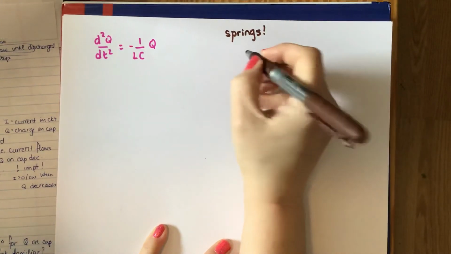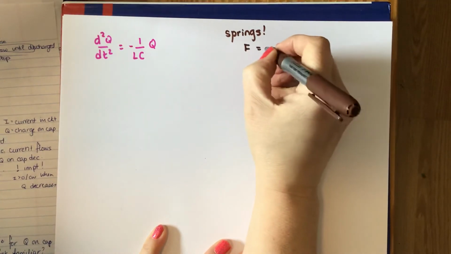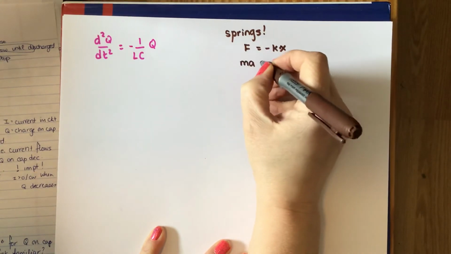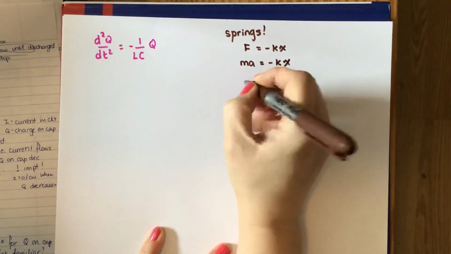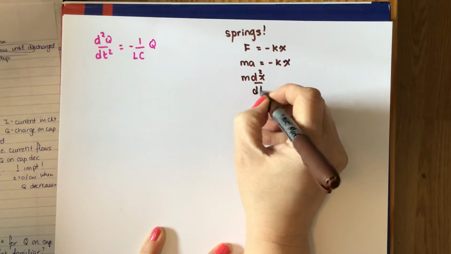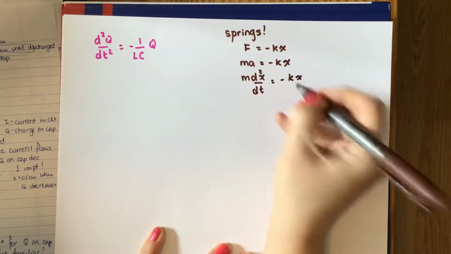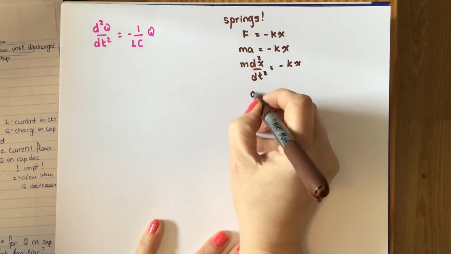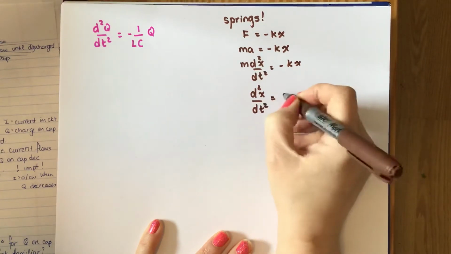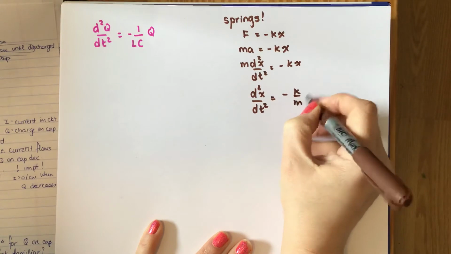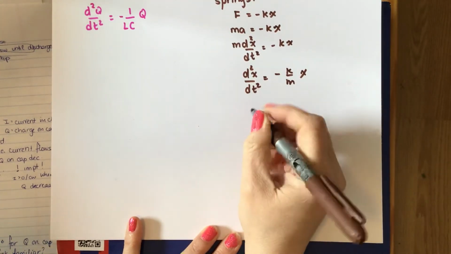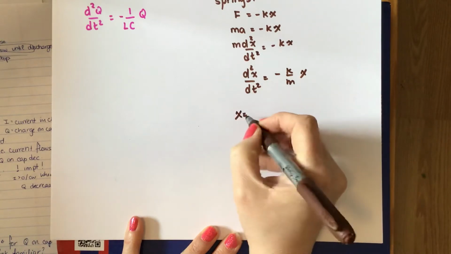So for springs, the spring force was minus kx, and force, of course, is mass times acceleration. Acceleration is the second derivative of position with respect to time. So that gave us that the second derivative of position with respect to time was minus k over m times x. The solution to this equation is one you probably remember. It's what we had for simple harmonic motion.